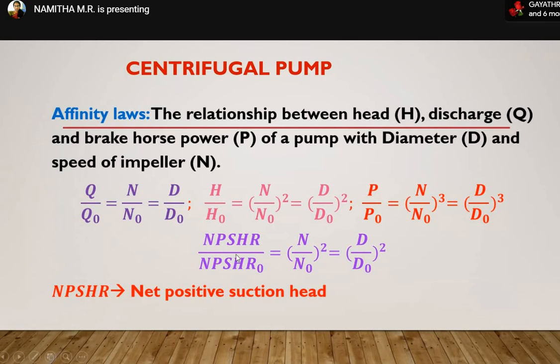For this purpose only, foot valves are placed for achieving that net positive suction head requirement. So the NPSHR also is directly proportional to the second power of impeller speed as well as diameter. This is not a commonly used equation. These 3 are the normally used affinity laws which you have to study. So these are the important equations used in centrifugal pump.